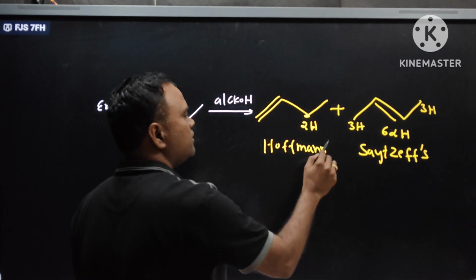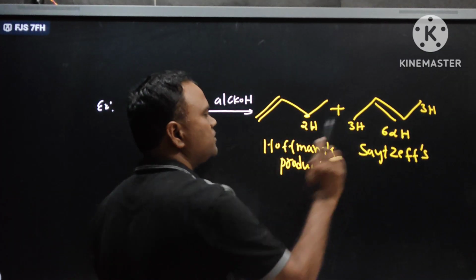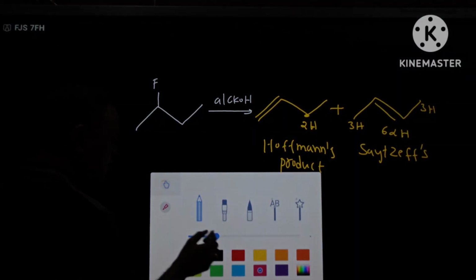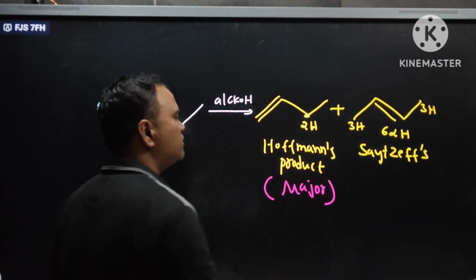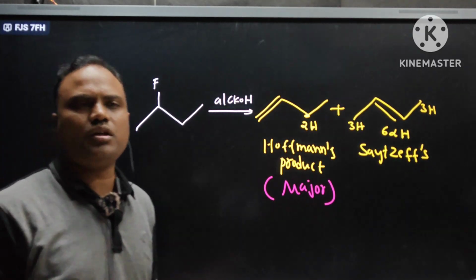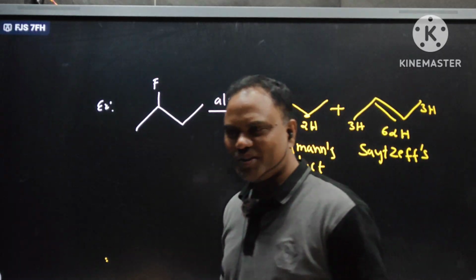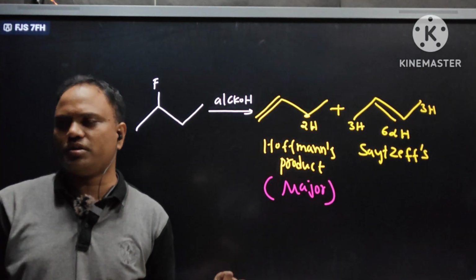Generally, which is major? In 99.9% of cases Saytzeff's is major. But in this case, Hofmann's product is the major product. You need not search for the reason. Reason will not come in the exam. What will come? Select the major product and the minor product.